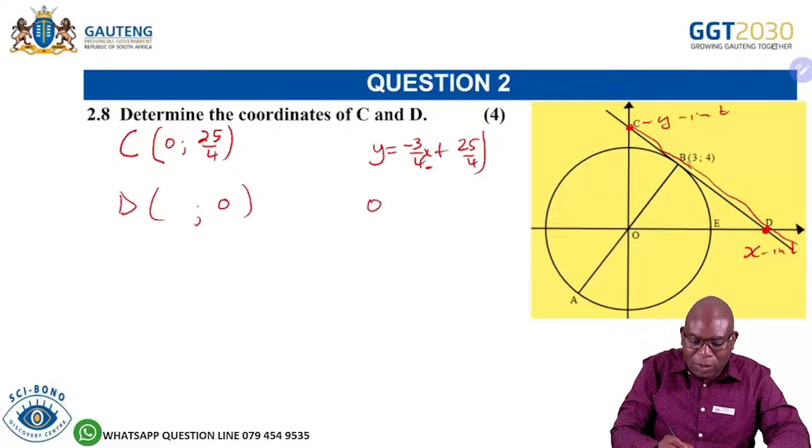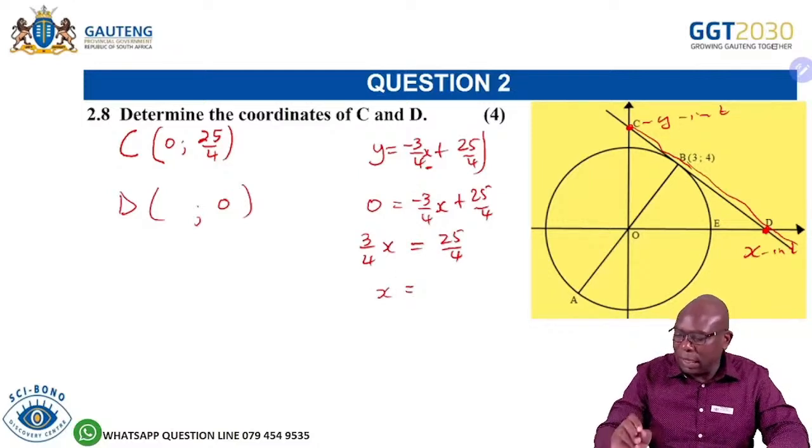So I'll have 0 equals negative 3 over 4 x plus 25 over 4. Then I'll have 3 over 4 x equals 25 over 4. I need the value of x. Now x in this case will be, I have to quickly work it out.